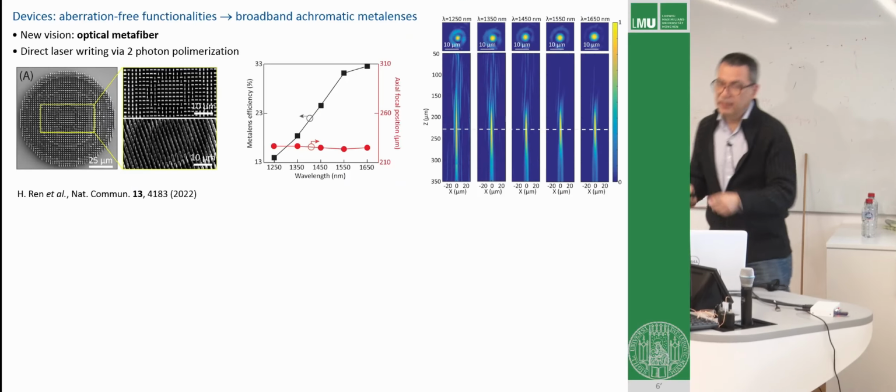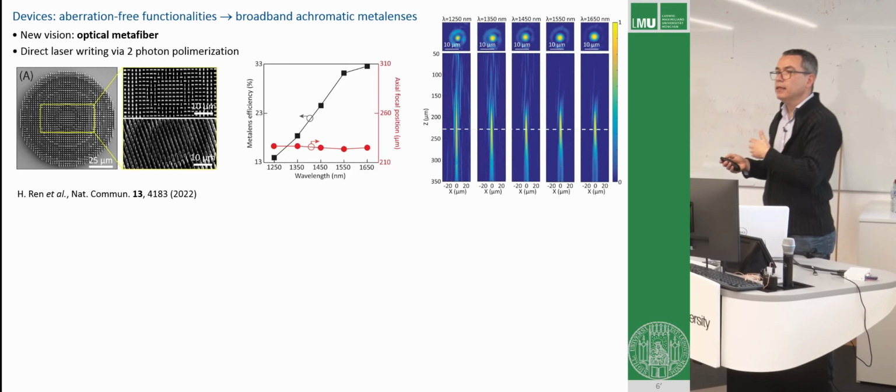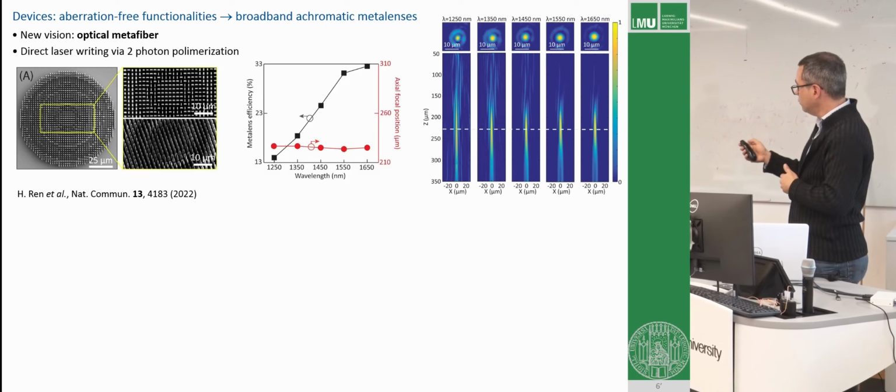Maybe a follow-up to what Daniel was asking. With these kinds of flat optics, are there any aberrations that you incorporate as part of the fabrication process? You mean in the optical response? Yes, this is something you can aim at, and this is what has been done here.